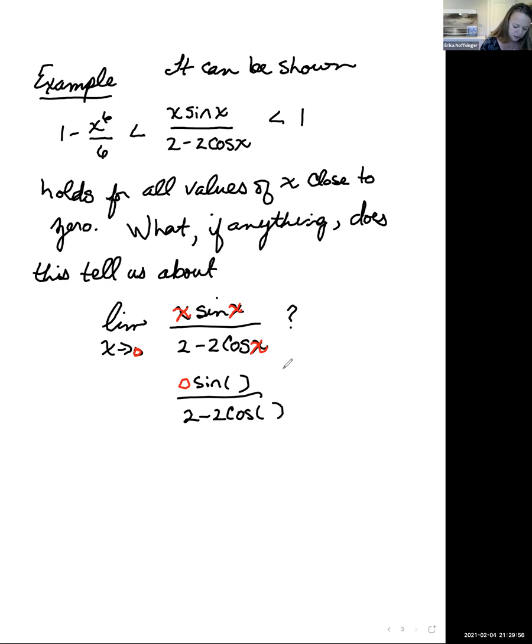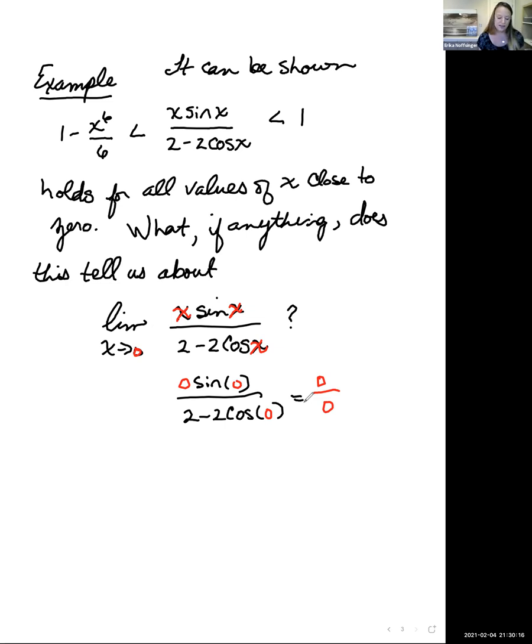Recall, sine of 0 is 0, and 0 times 0 is 0. And this is all over 2 minus 2 cosine of 0. Cosine of 0, recall, is 1. So we have 2 minus 2, which is 0. So we do get that indeterminate form.